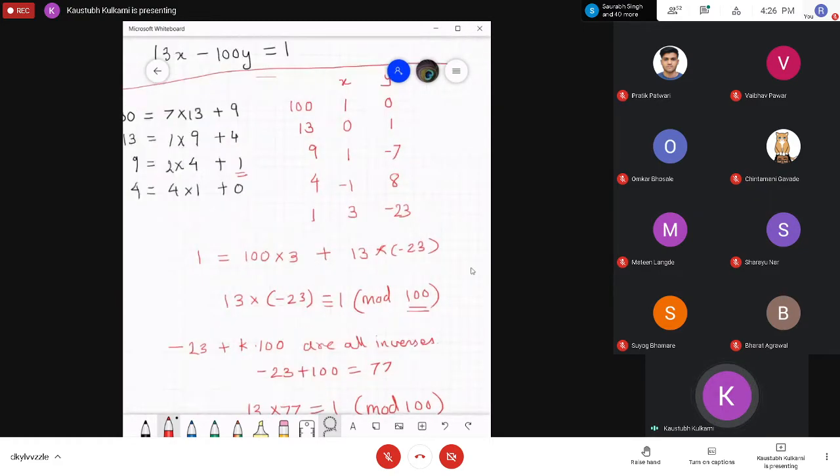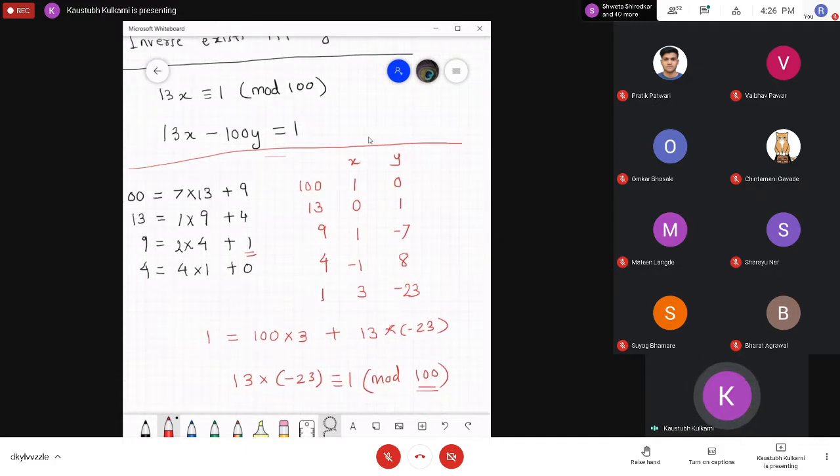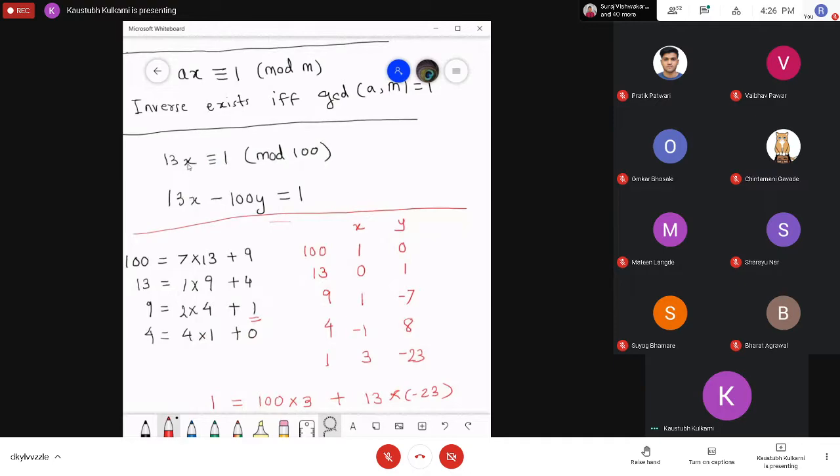Okay, x and y should be switched in the equation. No, the aim was, see, I started with x over here because x was the unknown, the inverse that I wanted to find.